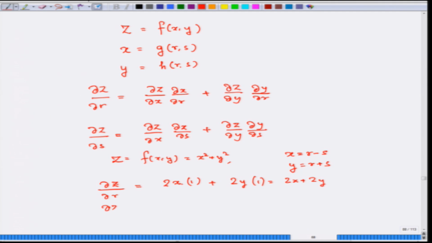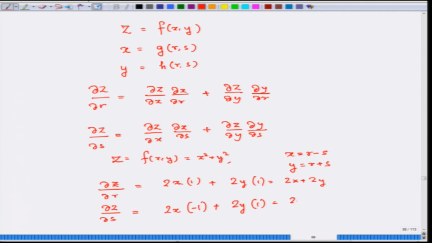Now, what is ∂z/∂s? You again start with ∂z/∂x, which is 2x, and ∂x/∂s is minus 1. Similarly, you have ∂z/∂y, which is 2y as before, and what is ∂y/∂s? It is plus 1.